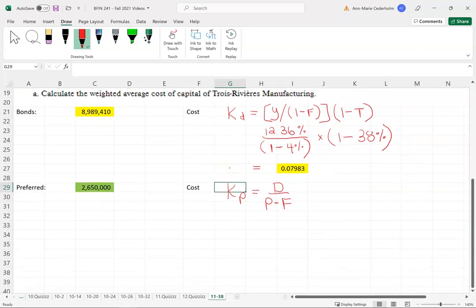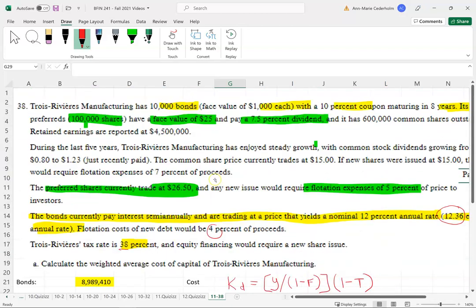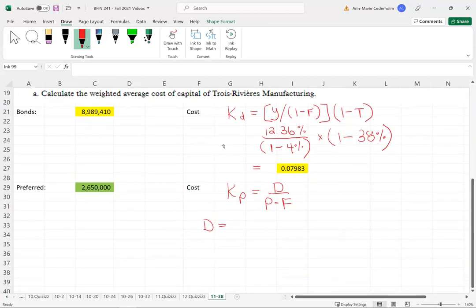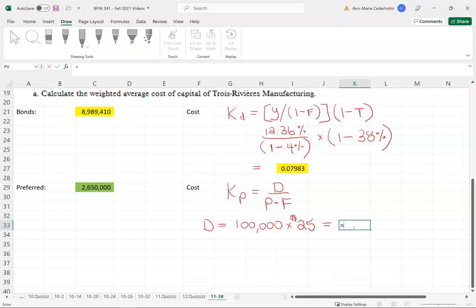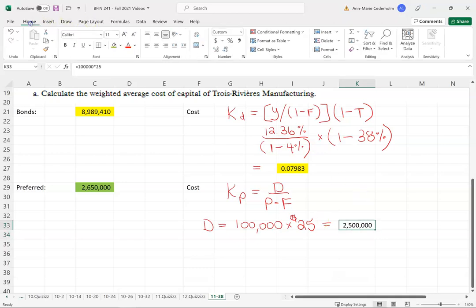In order to figure out what the dividend is, we have to take the number of shares. So the actual book value of the share is 100,000 times 25. So that's the first thing I should do, take the 100,000 shares and times that by 25. Remember, that's the book value, and the dividend is off the book value, not the market value. So 100,000 times 25 gives me 2.5 million.